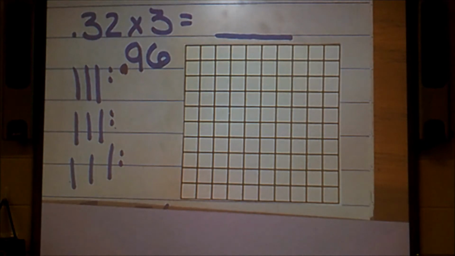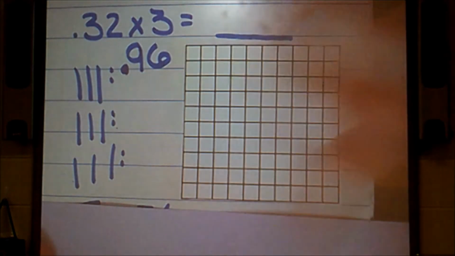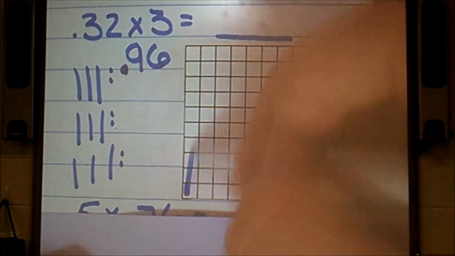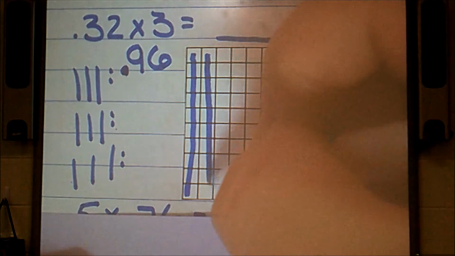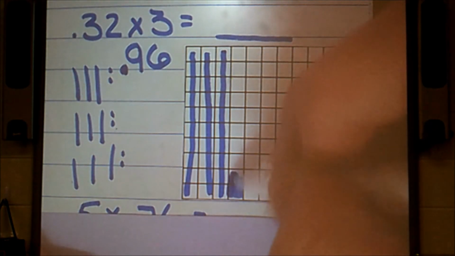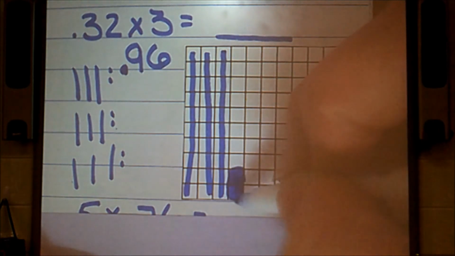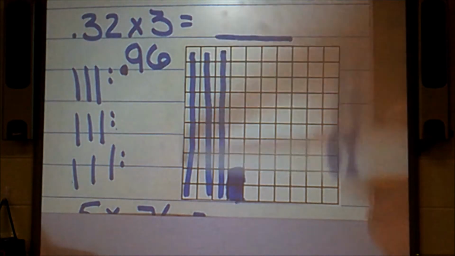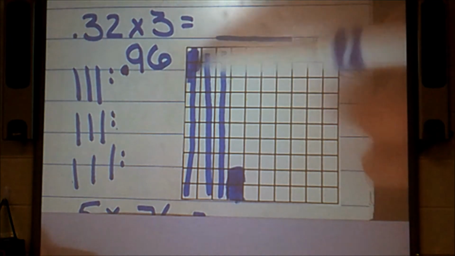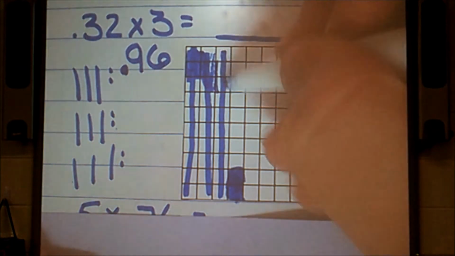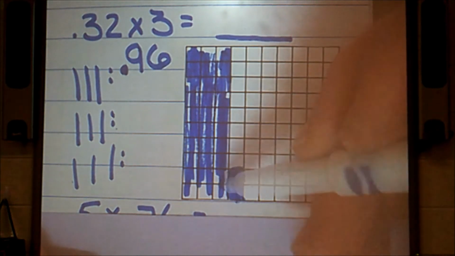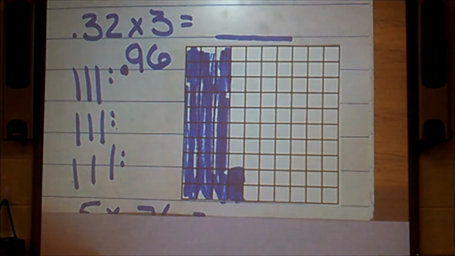So I'm going to fill in 32 hundredths in one color. So that's 1 whole rod, 2 whole rods, 3 whole rods, then another 2. Okay? That's 10, 20, 30, 31, 32. Shade that in. Okay. Good enough.